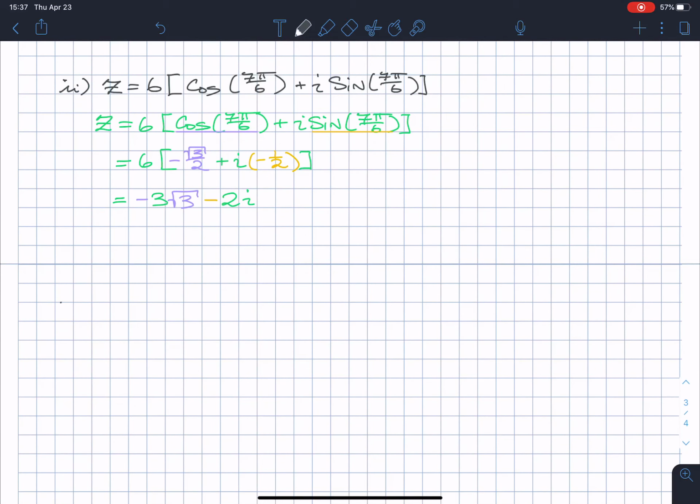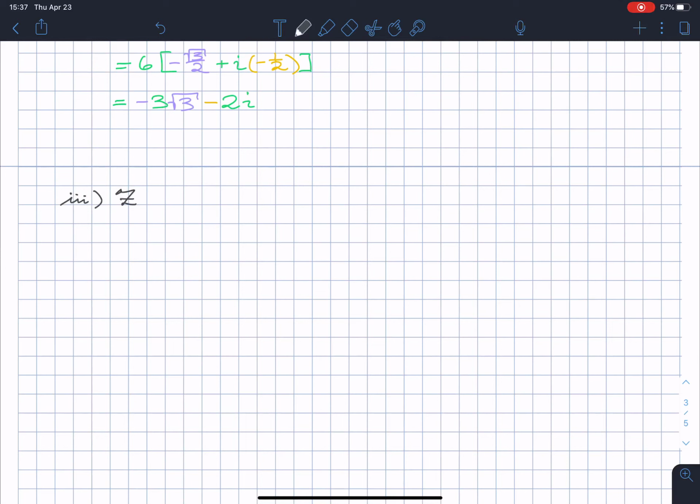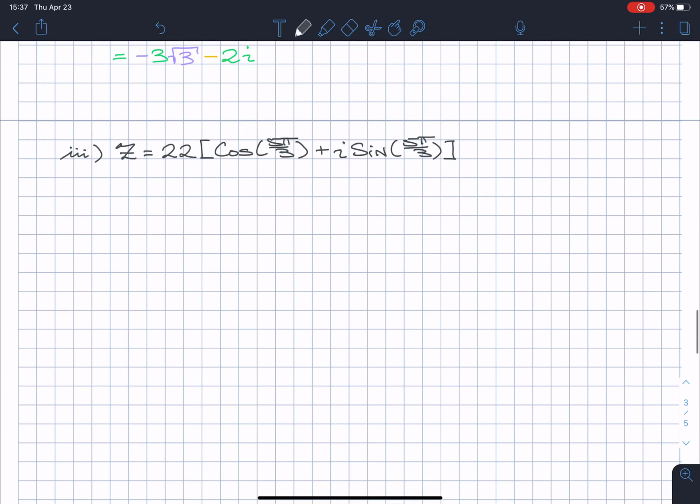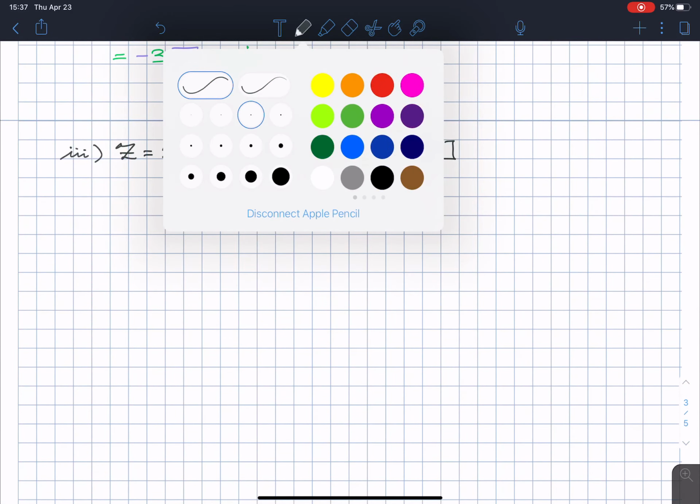And number 3. Let's say we have that z is equal to 22 times the quantity cosine of 5 pi over 3 plus I times sine of 5 pi over 3. Okay, so we have that z. What color shall I use this time?